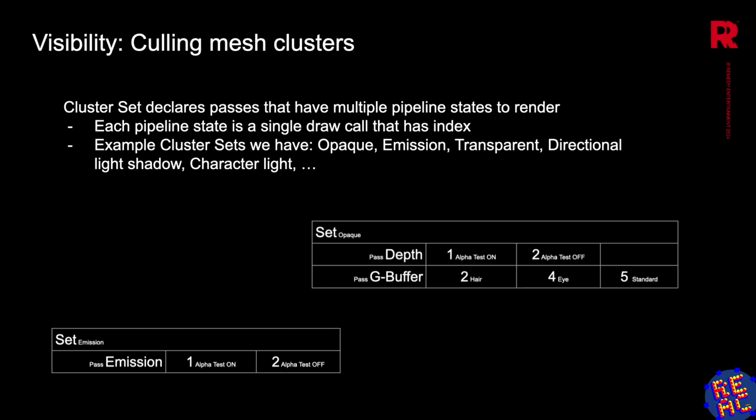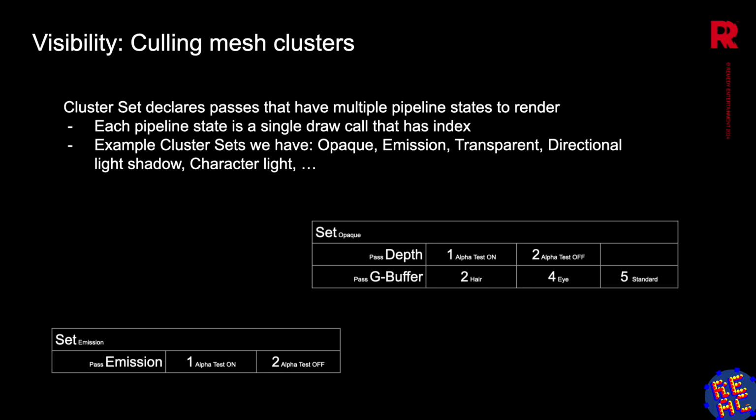Geometry buffer filling is a bit more complex as it has 3 buckets: hair, eye and standard. Every cluster that contributes to opaque rendering is also going to belong into one of these 3 buckets. So you can have hair material that is either alpha tested or not, and so on.